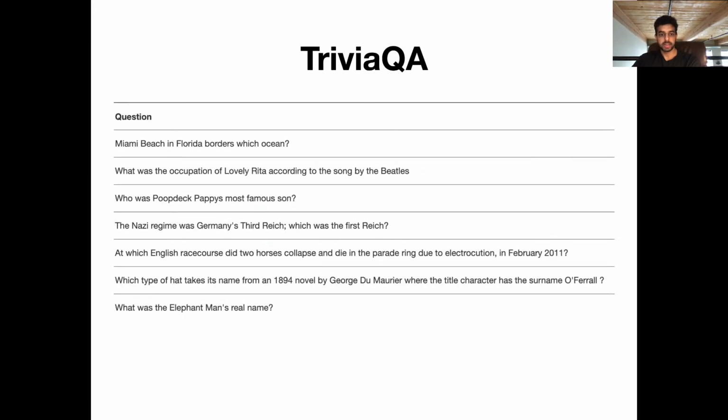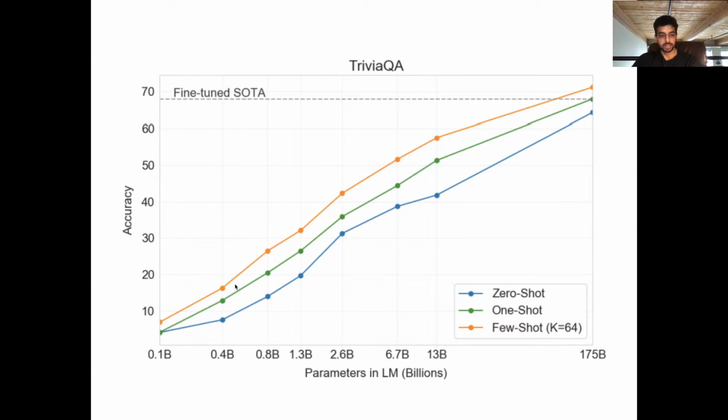So it's like somewhere over here, and we might expect its performance on these kinds of zero-shot or few-shot cases to be really bad. But if you see what happens when you get to 175 billion parameters, the few-shot learning model is actually outperforming the state-of-the-art, despite not seeing the training data at all beyond the 64 examples that are put into the prefix. So this is pretty crazy, right? The model has seen only 64 examples. It hasn't even been trained on them.